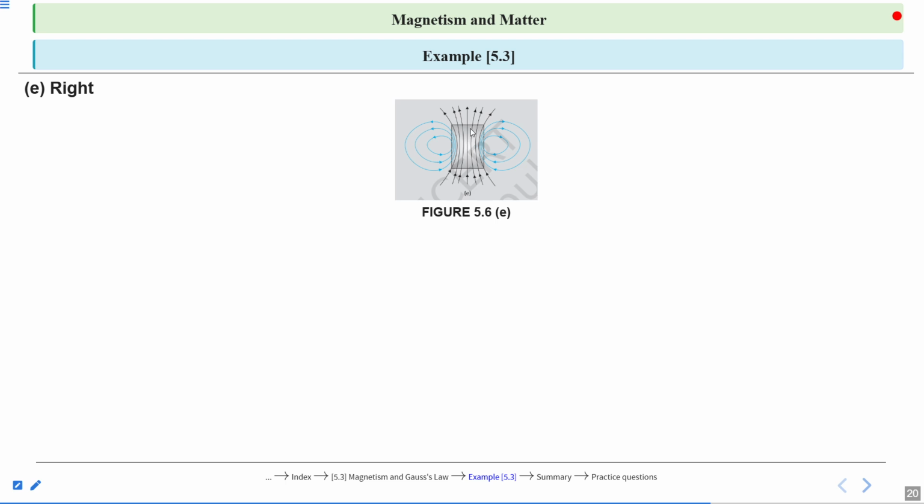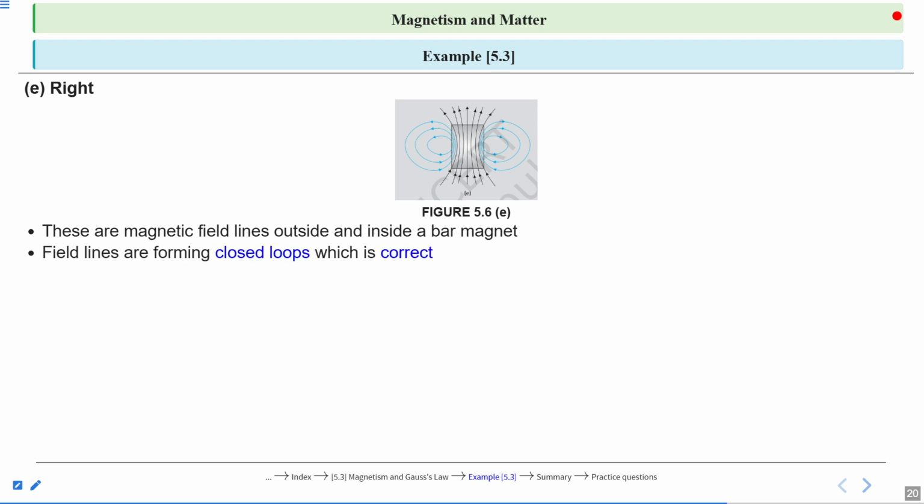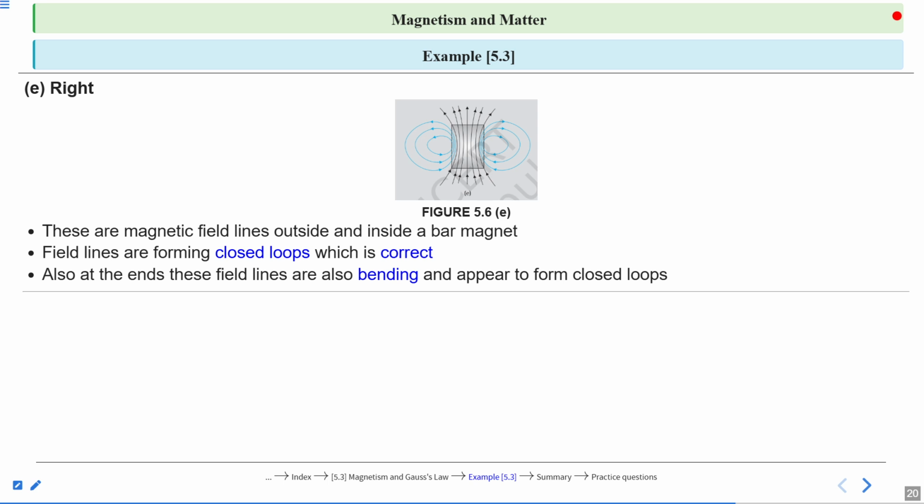At the ends, the field lines are bending and the field is non-uniform, and they are forming closed loops outside. So this is the correct pattern for a bar magnet: field lines forming closed loops outside and inside, which is correct.